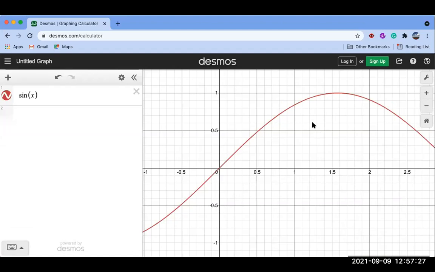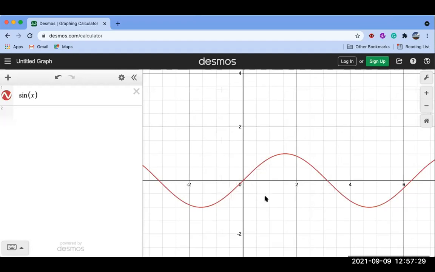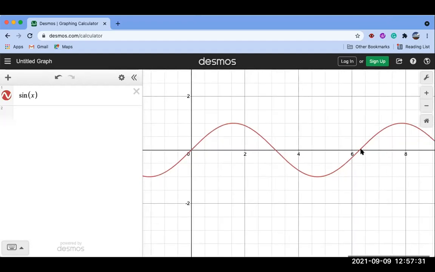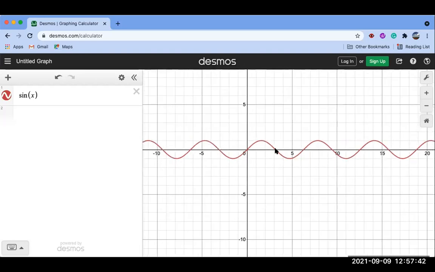Okay, thank you. So see, it is exactly what we saw. This is 2 pi, right? 2 pi means 6 point something. 1 pi is 3.14, etc. So this is the graph of the sine function.